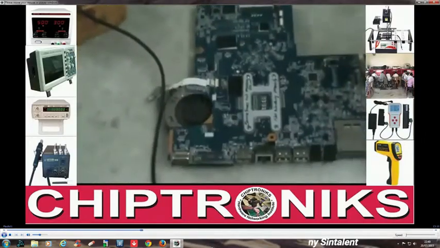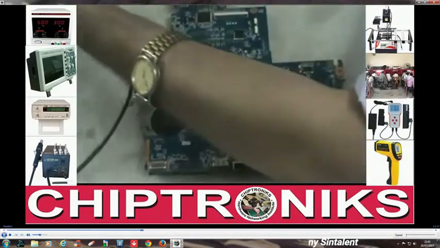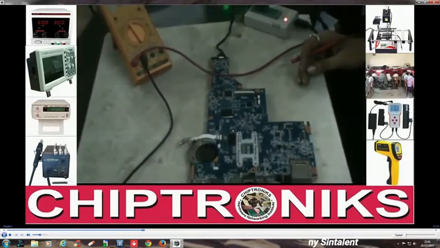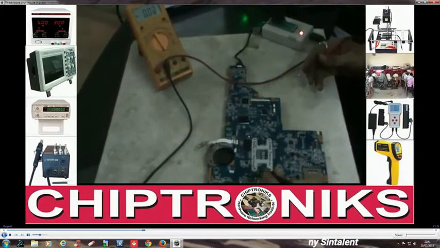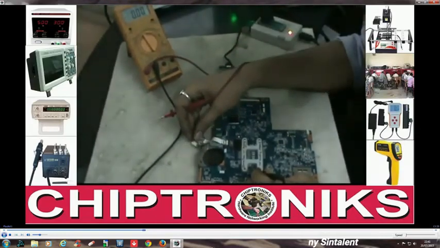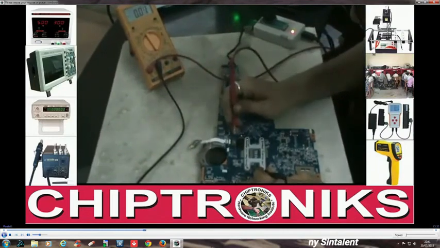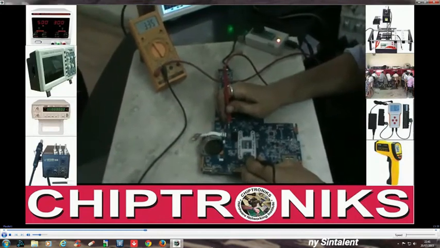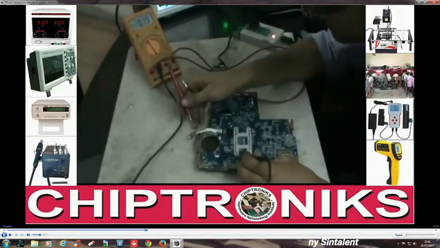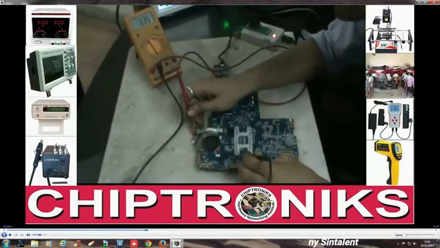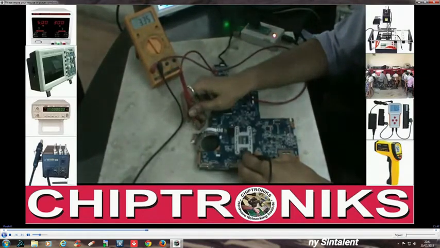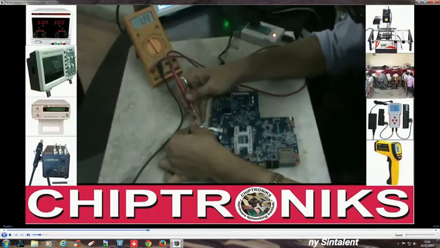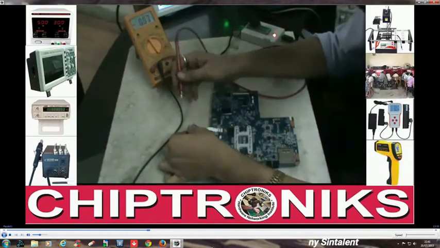Now I'll show you something. Look, this laptop motherboard is in dead condition. I'll show you here. Here we get voltages on the on-off trigger switch. Look, I get 3.3 volts here, but when I short these legs, the motherboard does not turn on.